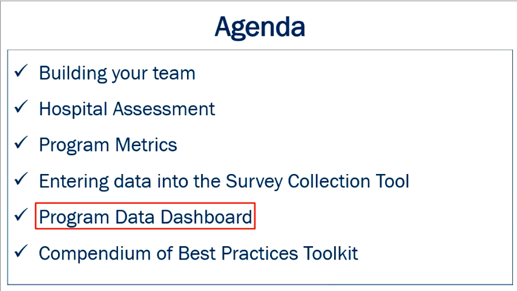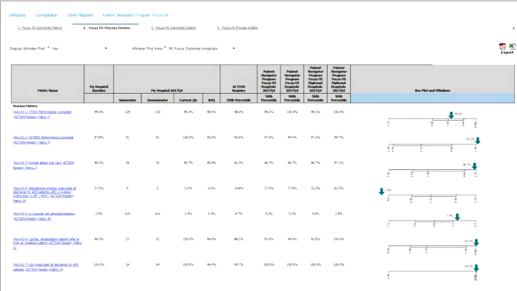I want to talk a little bit about how you can see your data. We developed a program data dashboard, and it looks very similar to your registry dashboard. In the top left-hand corner, you'll see Focus MI outcome metrics, Focus MI process metrics, Focus MI outcomes graphs, and Focus MI process graphs.